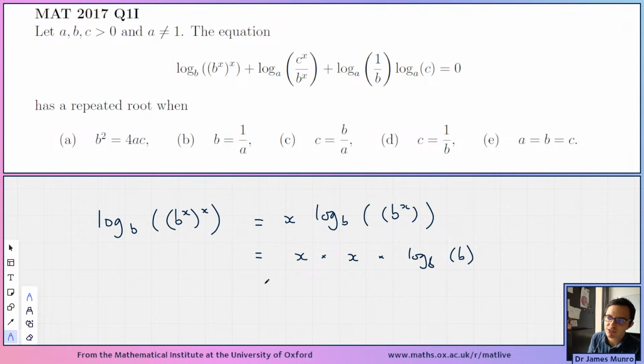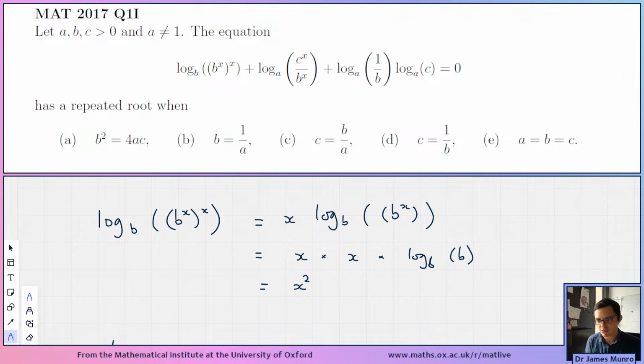The number is 1. This is just x times 1. So this is x squared. Maybe you did this in 1 line, and I've taken 3 lines. So well done if you've done that faster. But this is a sign that we're looking for maybe some sort of quadratic equation. I'm going to do the other 2 slightly faster.